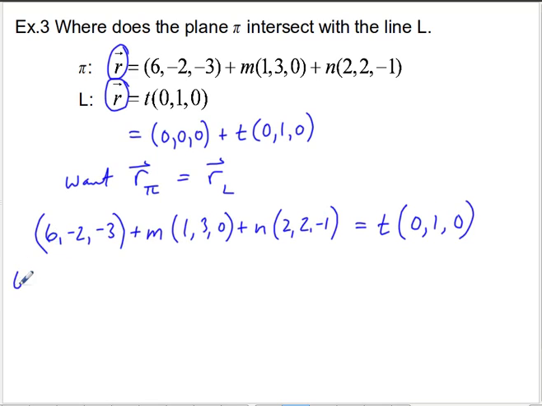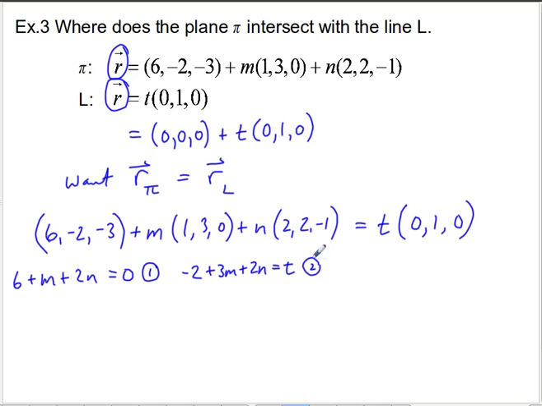So we end up with 6 plus m plus 2n has to be equal to 0 times t. Well, that's just equal to 0. That's our first equation. And then the y components are going to give us -2 plus 3m plus 2n is equal to 1t, which is just t.